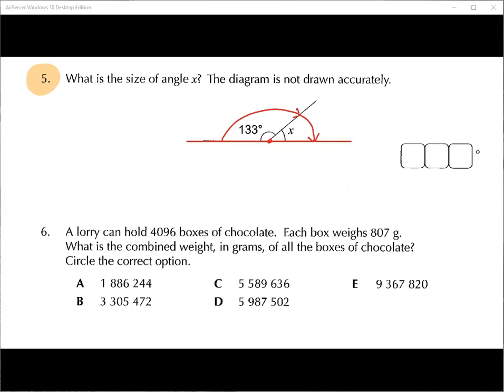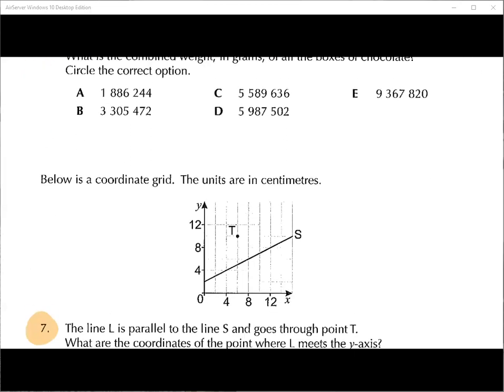Add up to 180. Excellent. And so we do 180 minus the 133. That gives us an answer of? 47. Done.